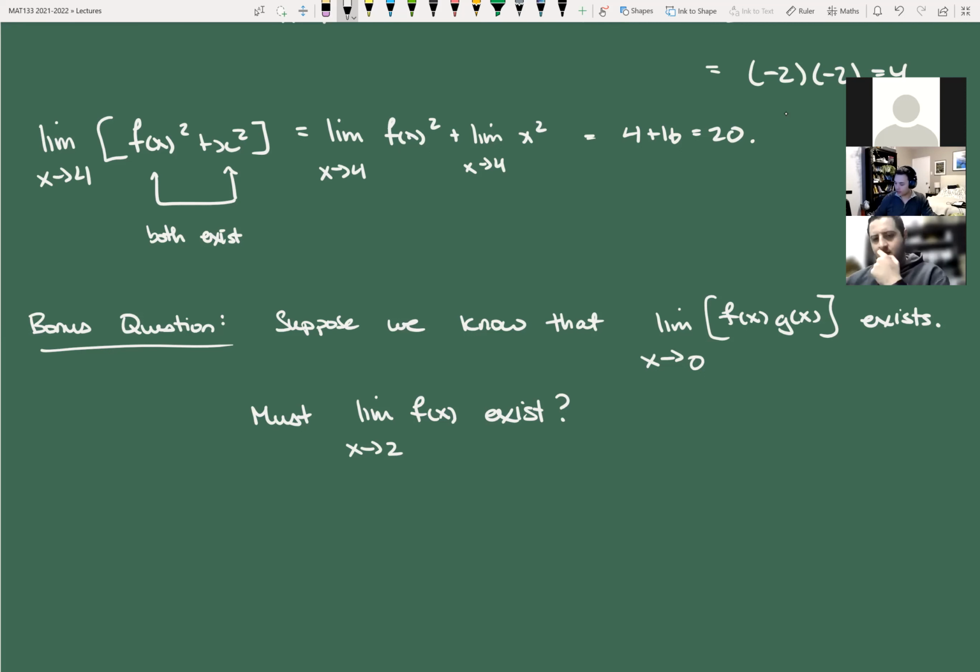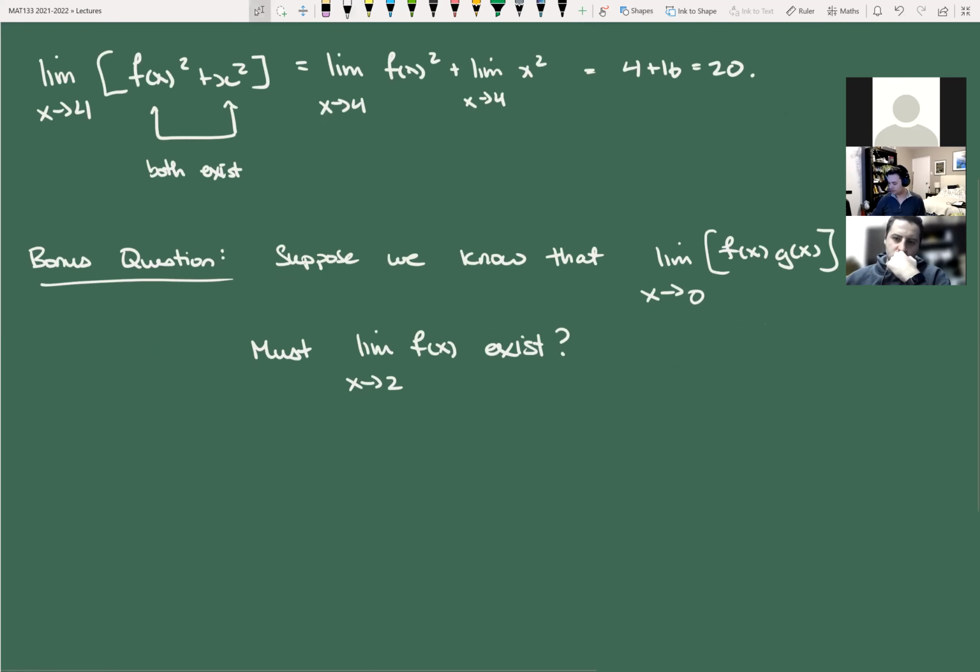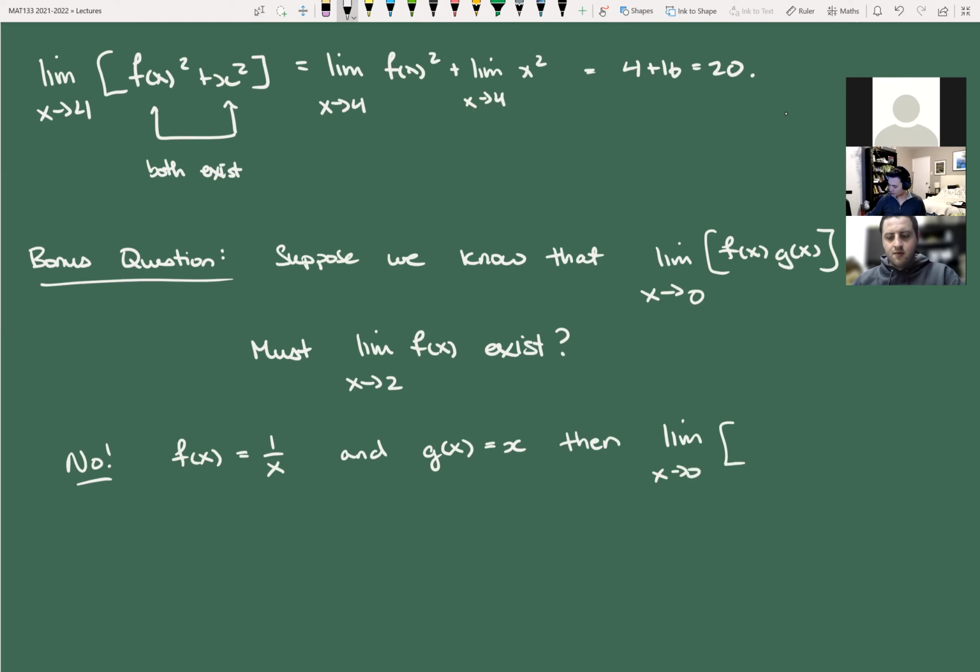Okay, so here's the tricky thing. The answer is no. For example, if I let f of x be equal to 1 over x and g of x be equal to x, right? Then the limit of their product, well, if I multiply these two things, I just get 1, right?